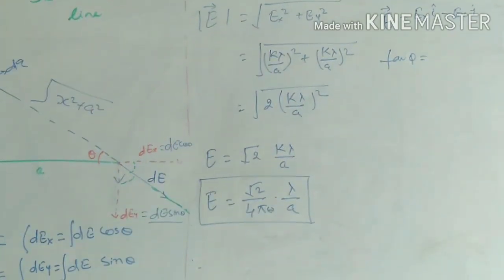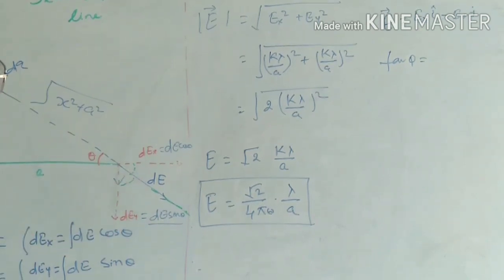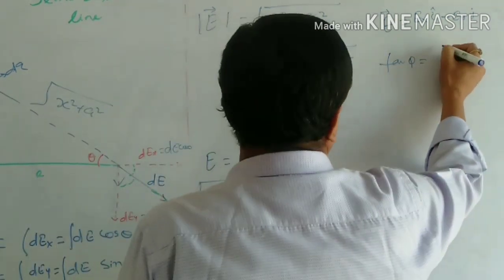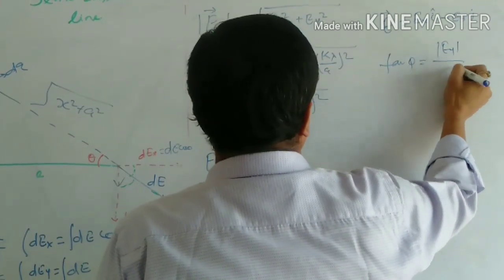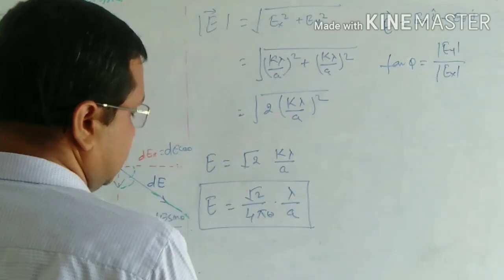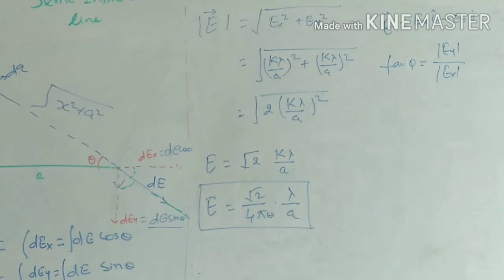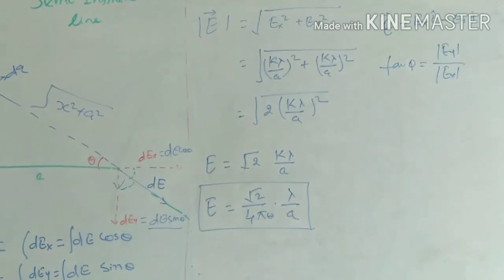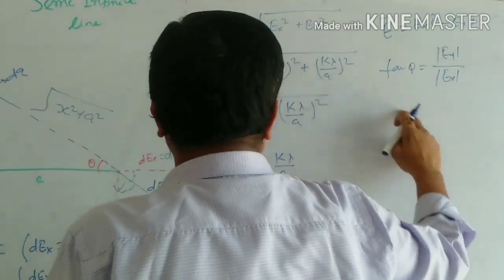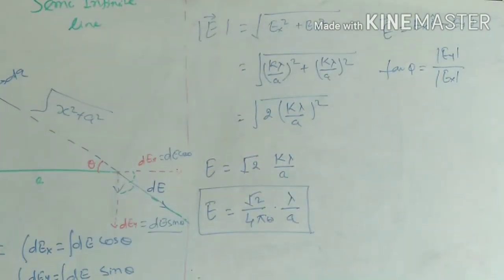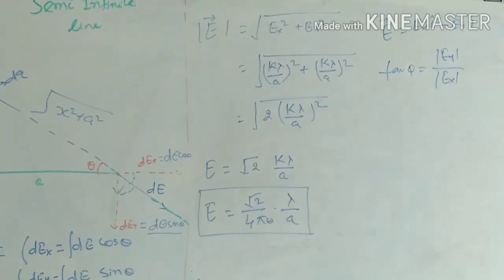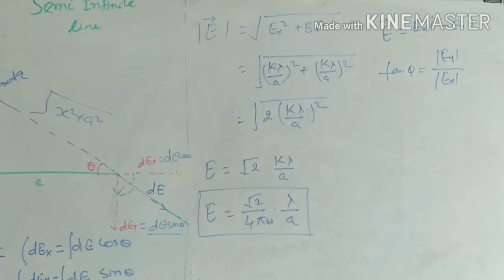Phi is the net angle between the x-axis and the direction of the electric field. Then tan phi equals mod of Ey by mod of Ex. You can see that Ex and Ey are both equal in magnitude. So tan phi equals 1, so phi equals 45 degrees. In this way we can find the magnitude and the direction of the electric field at a point.